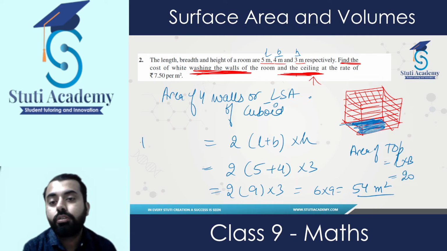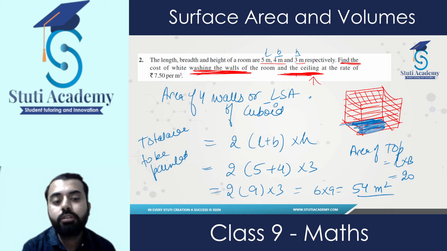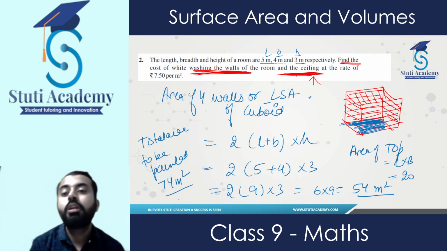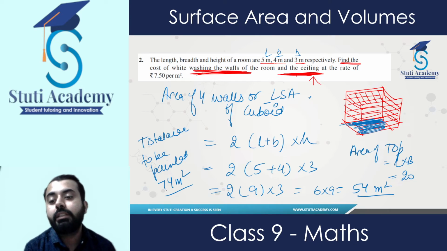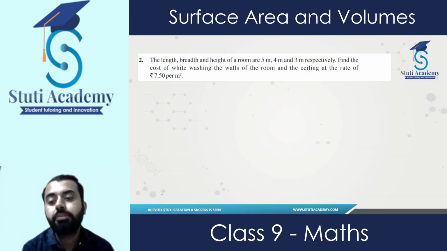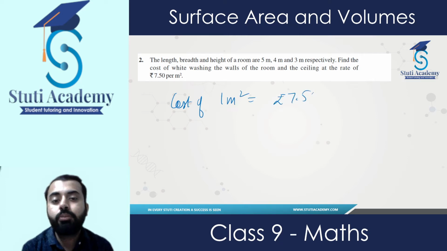So your total area to be painted is 54 plus 20. You get 74 meter square. So your total area to be painted is 74. Now, the cost of 1 meter square painting was 7.50.